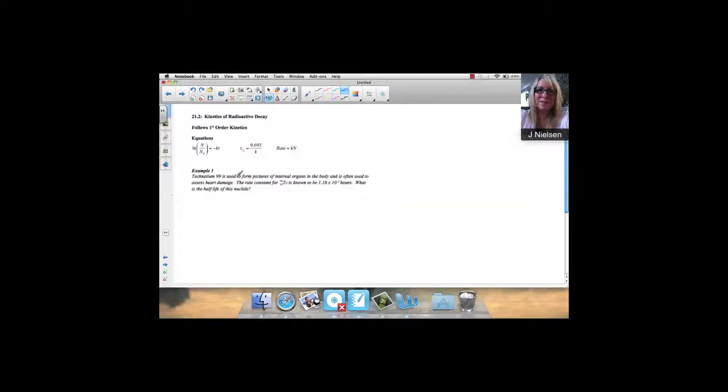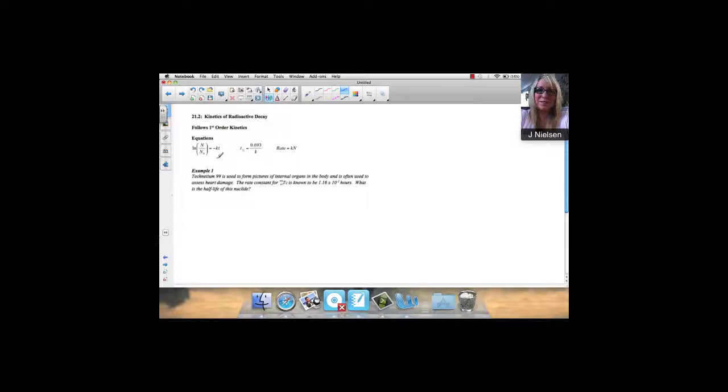Okay, let's talk about some neat equations that we can solve with it. First of all, we talked about radioactive decay when we did rate laws and kinetics, so that's old news. And we can use these equations to help us determine how much stuff is left.